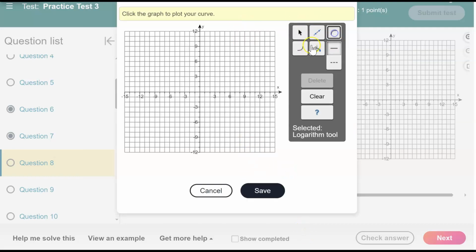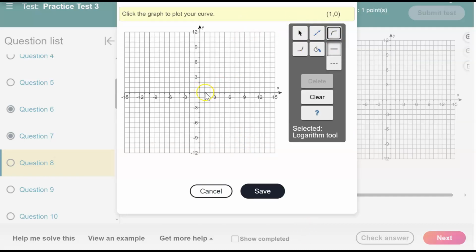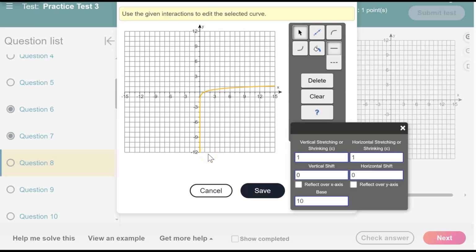So here you copy that, and it would always pass through the point (1, 0). Then you input your horizontal shift if there is any, or if there's a reflection. We know it is reflected about the x-axis, and then there is also a vertical shift.